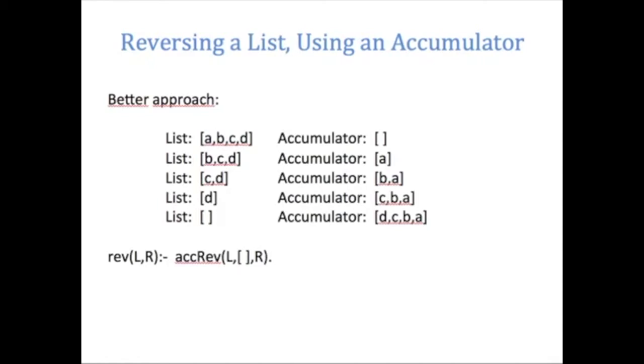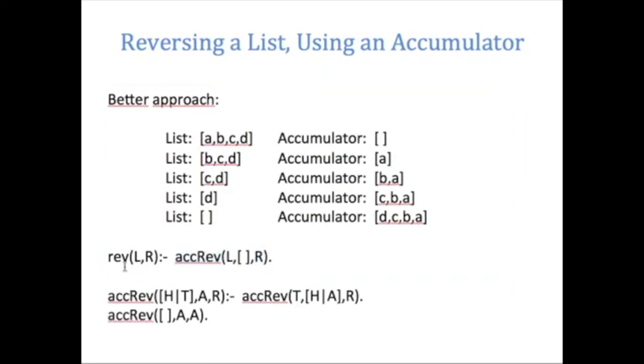So what we're going to do is define reverse of a list in its reverse as accumulator reverse with three arguments: the list, which we are going to reverse; the accumulator, which is initially empty in our algorithm; and finally the reverse list. And now our challenge, of course, is to write accumulator reverse. So let's do that.